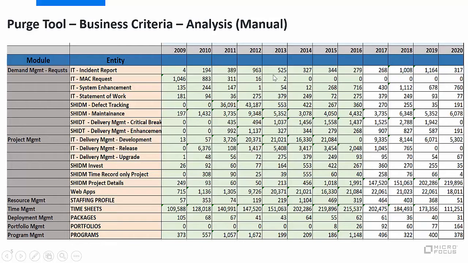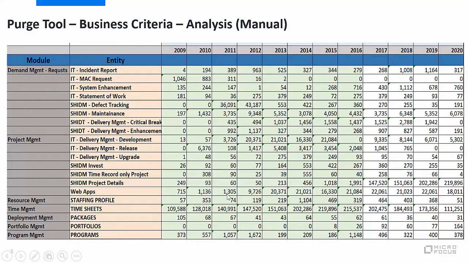You can create a spreadsheet like this, with the count of entities per year, and show it to the business to get approval. For this organization, since they have a data retention policy of 4 years, the business has given approval to purge all the data for all these entities from 2009 to the end of 2016. So that's the data set which is marked here.